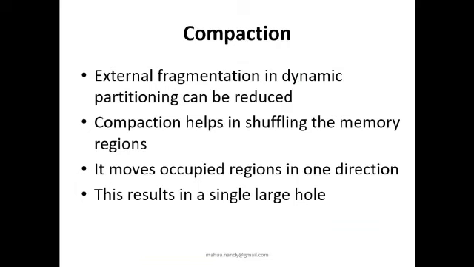External fragmentation can be reduced if all the small holes formed during partitioning and allocation are compacted together. Compaction helps to control memory wastage occurring in dynamic partitioning. The compaction is done by shuffling the memory contents such that all occupied memory region is moved in one direction and all unoccupied memory region in the other direction.